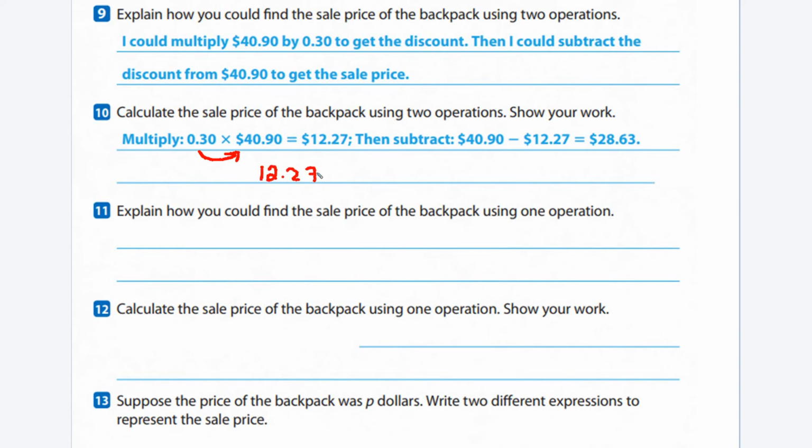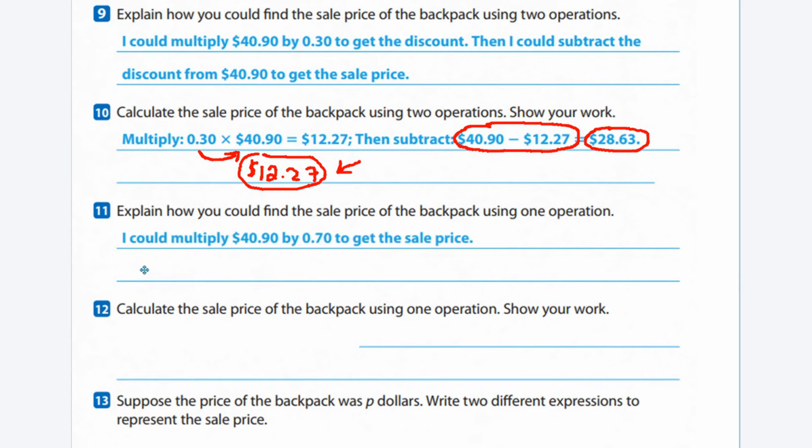I want you to think, this is not how much you'll be paying for the backpack. This is just the amount off. So you take the $40.90 and subtract $12.27 because that's the 30% off of that. And your final answer should be $28.63.